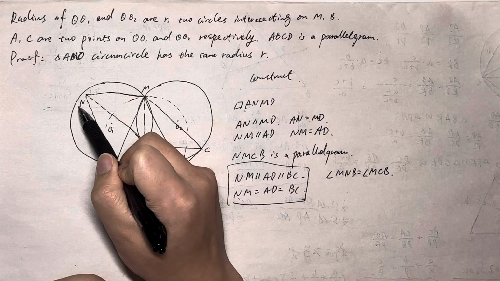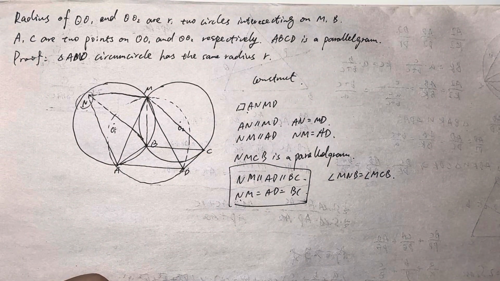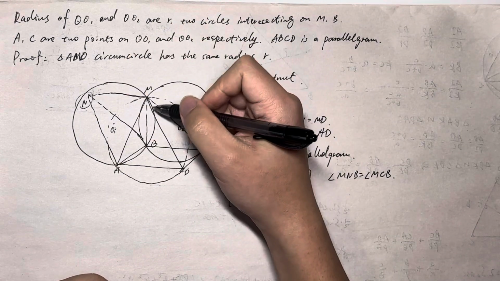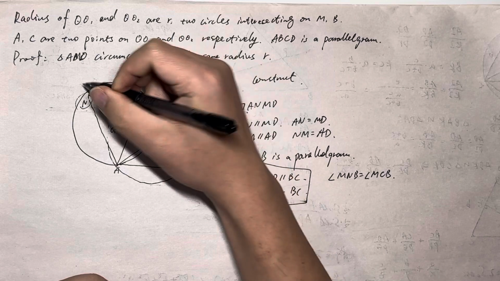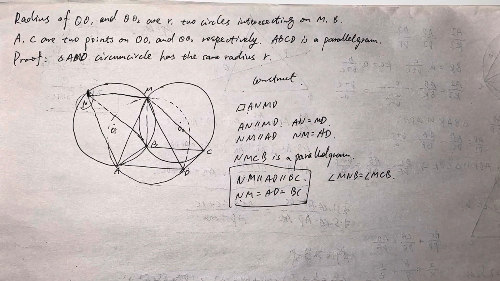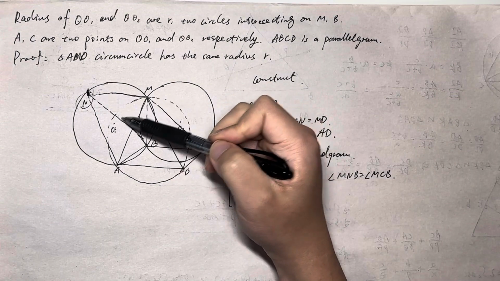That means point N is on circle O1. So we know that point N is on circle O1.